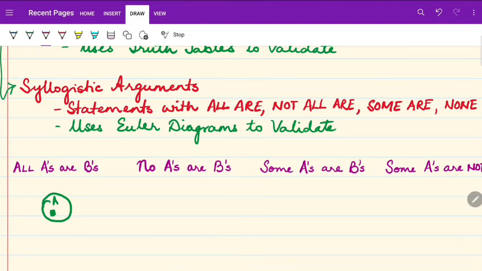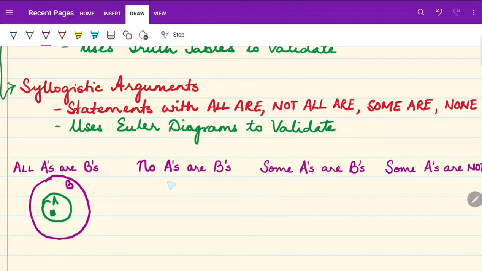So we will show that by drawing an outer circle completely encapsulating set A, and we'll name that outer circle B. This represents the fact that every element in A is also a part of the set B.